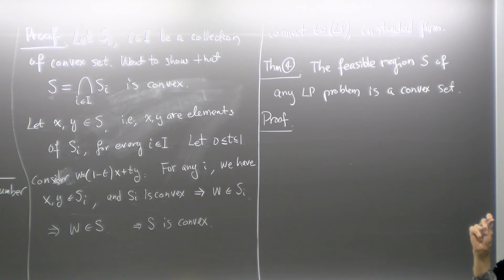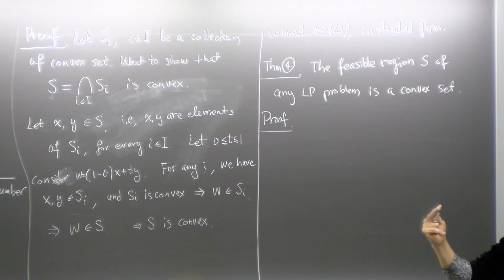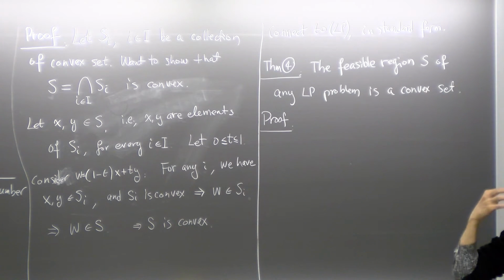So that sentence is clicking something, isn't it? Each of the constraints gives you a set, and then all of them must be satisfied. You're looking for the intersection of all these sets, and you want to show the intersection is convex.